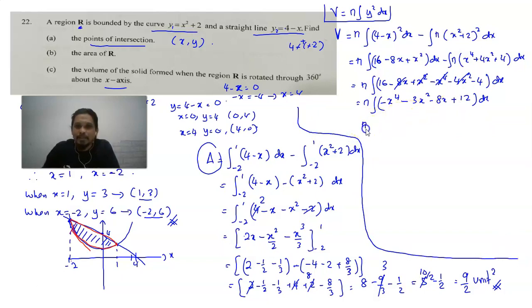Okay, so now let's integrate one by one. Negative, integrate x to the power of 4, x to the power of 5 divided by 5, and then minus 3x cubed divided by 3, minus 8x squared divided by 2, plus 12x.